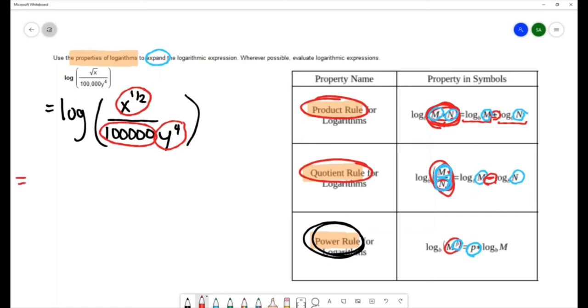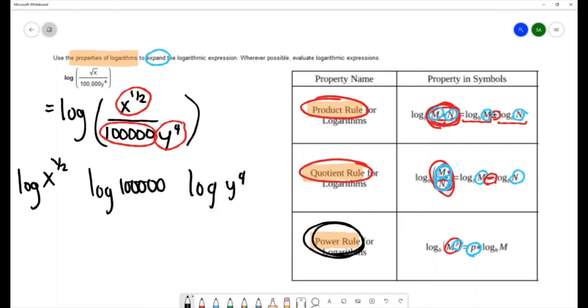Each one will have a different one of these factors. So we're going to have log of x to the 1/2, we're going to have log of 100,000, and we're going to have log of y to the fourth. And we're going to put pluses and minus signs between these depending on whether the factors came from the numerator or denominator.